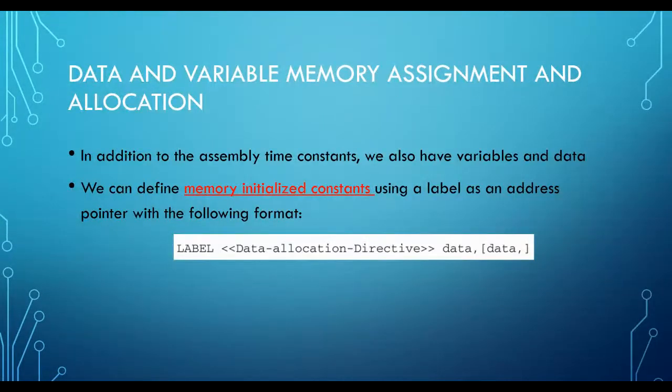Now, in addition to the assembly time constants, we also have variables and data. Apart from constants, you can have labels associated with data, for example an array. You come across some programs where you need an array. So basically, this is how you do it. You have a label, the type of data, and the data itself, 0x something, 0x something.